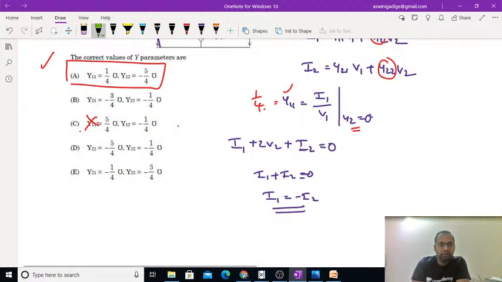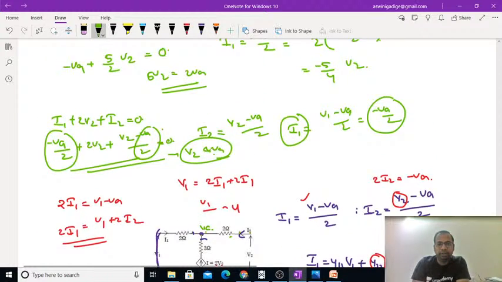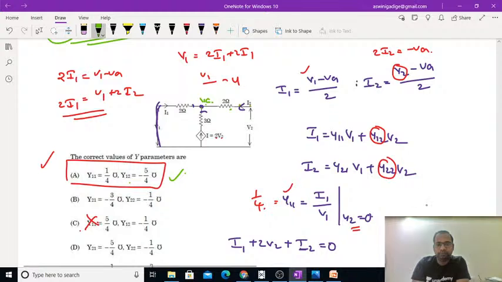Correct? So Y12 is given as a minus. We already confirmed it, so it is not necessary to find out again. Now we have to find out Y21. Based upon this concept, just try to find out Y21 also.